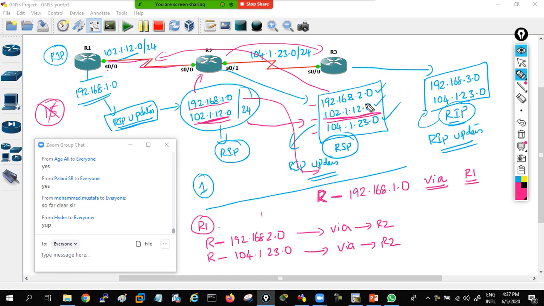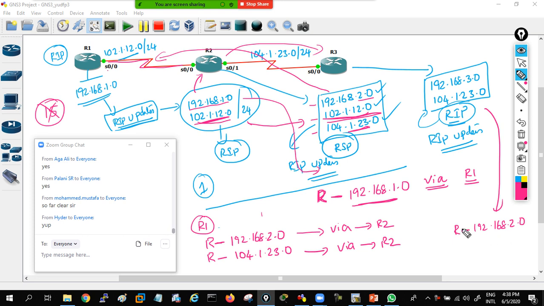It will check. Router 2 sent me networks: 102.1.12, 104.1.23 and 192.168.1, right? Do I know about 192.168.2? No, let's keep it in my routing table as a RIP route via Router 2.